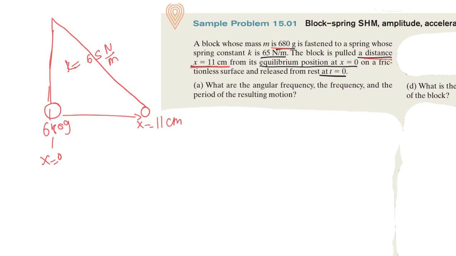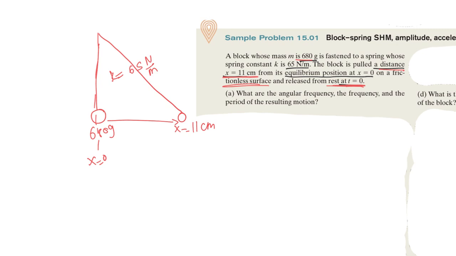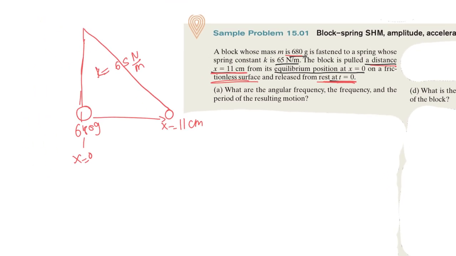Okay, then on a frictionless surface, that means no friction here, and released from rest at t equal to 0. So what they do, they release it, it means the block, when it is here at x equal to 11 centimeters, they release it.